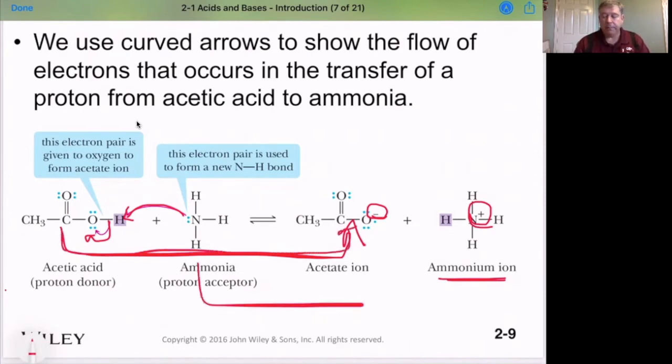Our base becomes a positive charge. Okay? And it's all because of the electrons being used in the system. These electrons from the neutral molecule are bonded to this hydrogen, giving us a positive charge. These electrons that were in their neutral molecule are residing on the atom, giving us our negative charge.